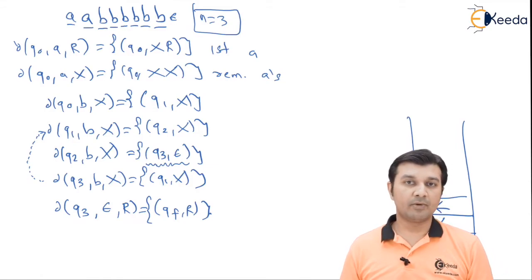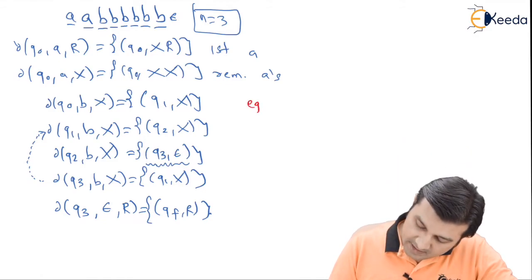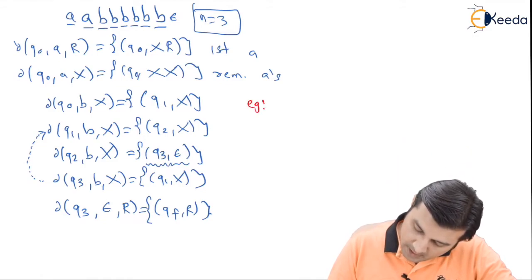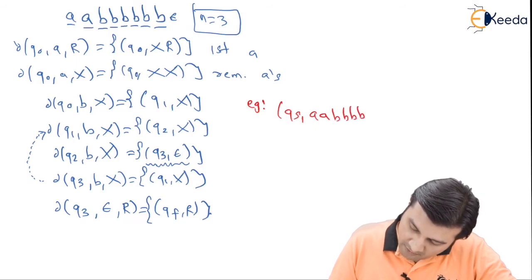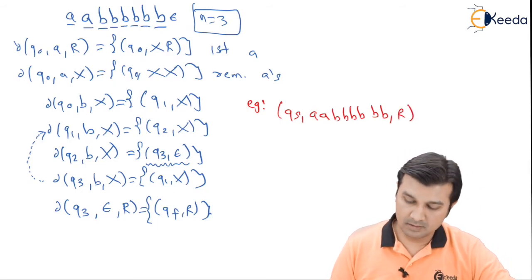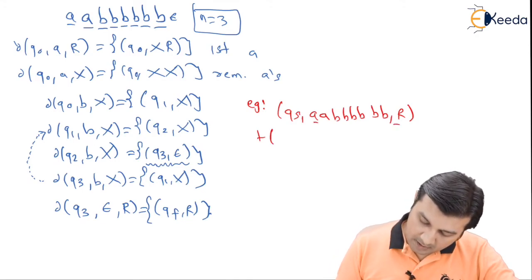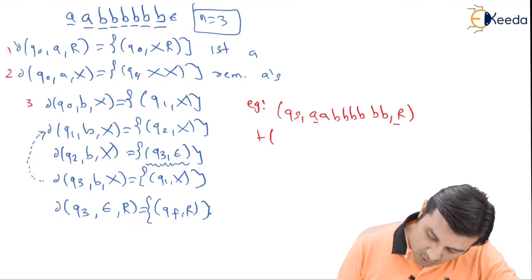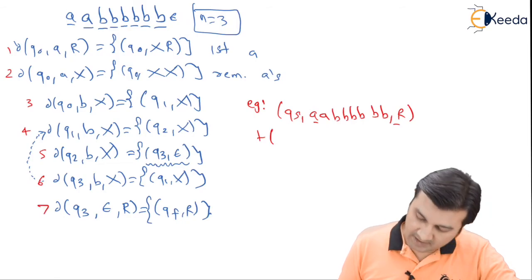Now it is time to confirm it with the help of an example. So let's do it. Let's consider an example, maybe the same one which we considered. I'm in QS, AA followed by a total of n equal to 3, signifying 6 B's, and the stack top as R. So QS on A when the stack top is R, labeling the rules 1, 2, 3, 4, 5, 6, 7.